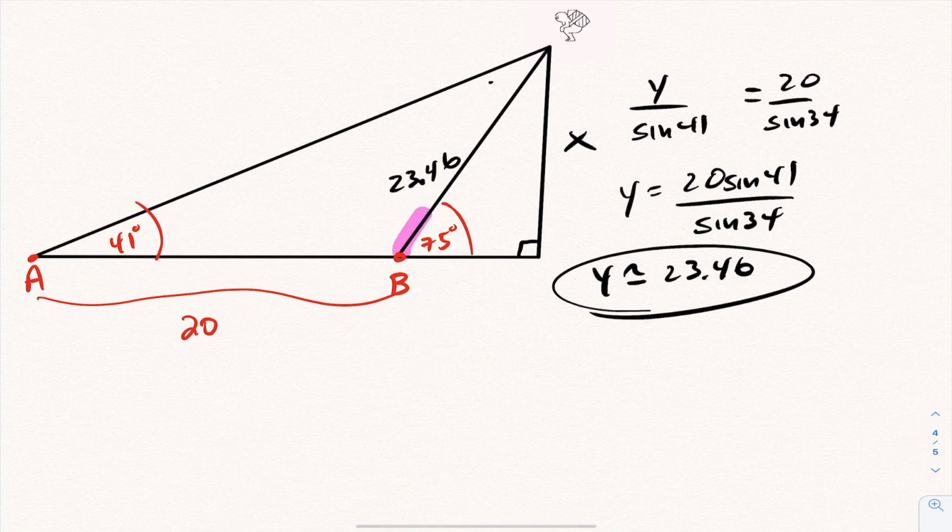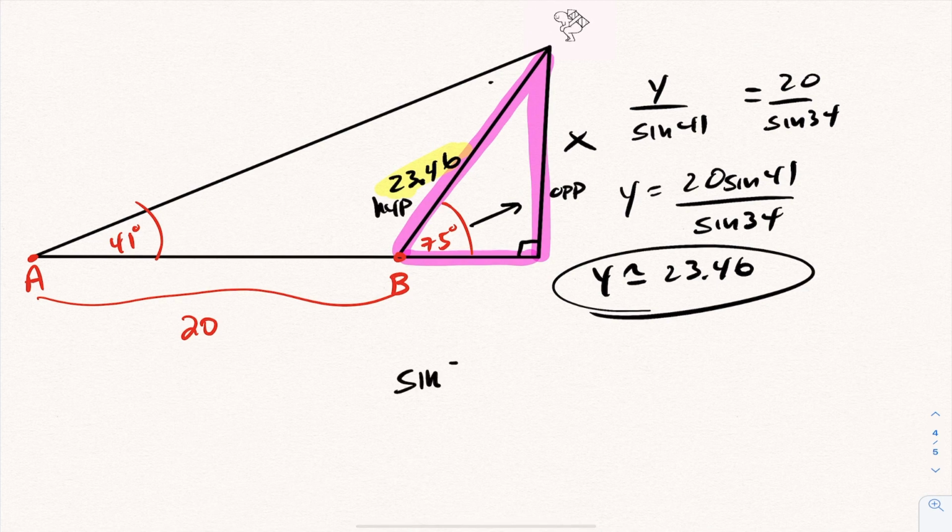All right, I just cleaned this up a bit so we can focus on our right angle triangle now. We just discovered that the length of the hypotenuse of this right angle triangle is approximately 23.46. I want to solve for the value of x. So in this case here, directly opposite, this will be my opposite. This will be my hypotenuse. This will be a sine question.